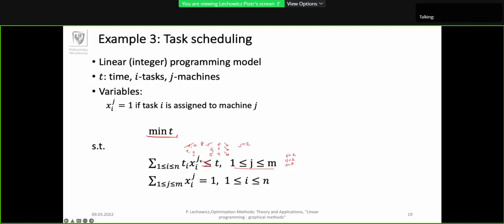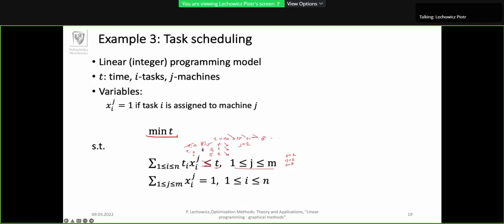This inequality assures that the overall time has to be greater or equal to 8. So t can be equal to 10, 12, 15, or any other value which is higher than 8. However, as we are minimizing the overall time, the t variable drags it towards this bound, towards the value of 8.